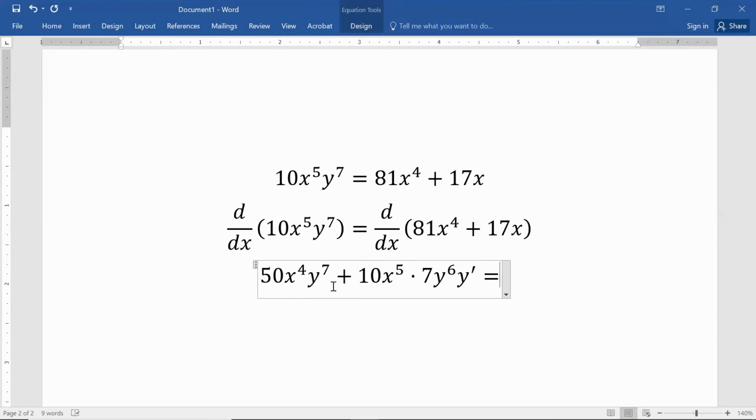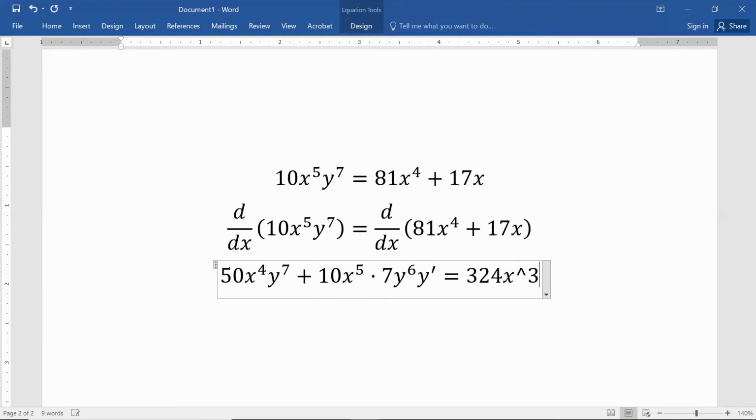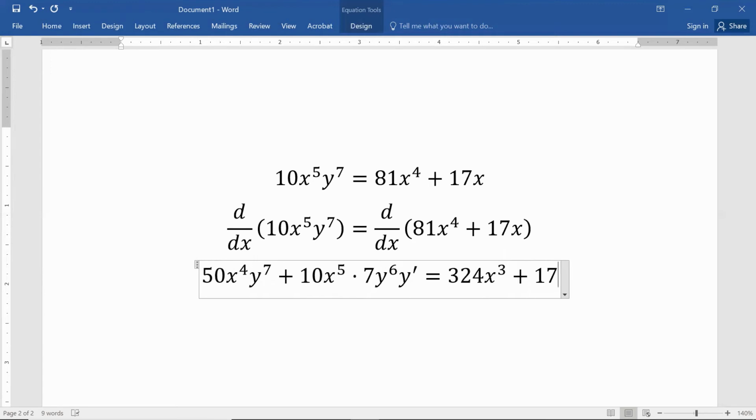Derivative on the right-hand side, it would be 81 times 4, which is 324. That number is going to be multiplied times x to the third. Then we will add 17.